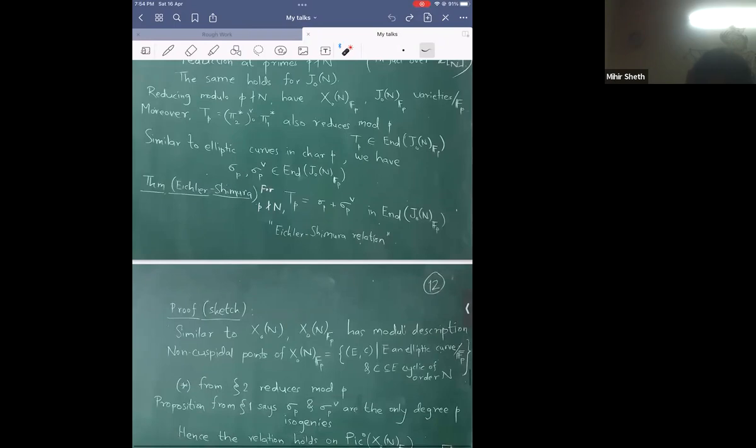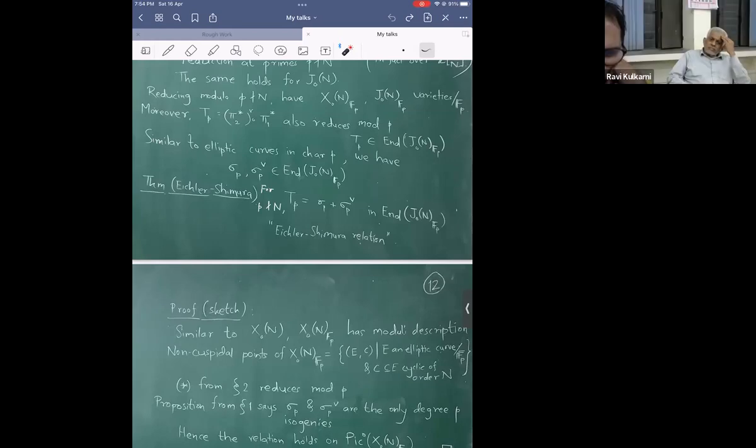What does that mean? This holds for any example. I mean, like sigma_p. I don't understand how it looks. So this Tate module that you constructed.